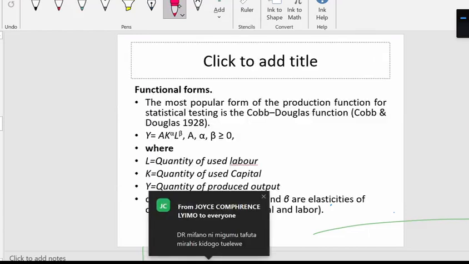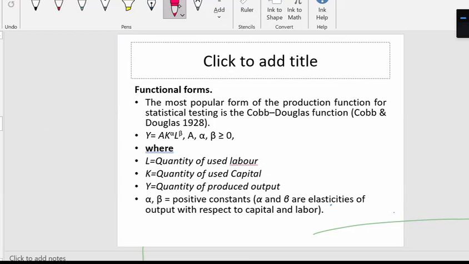Now let us proceed. Sasa in this theory of production, there is one thing which is very important. There is what we call Cobb-Douglas production function. This production function was established by one guy called Cobb and Douglas, 1988.